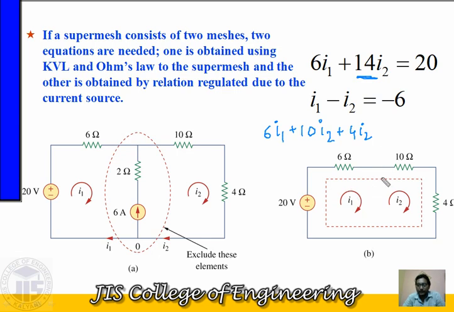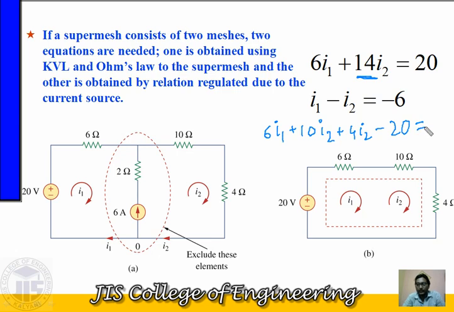And both these loop currents are going to the negative terminal of the source, or basically we are moving in this direction into the negative terminal of the source. That's why we can write minus 20 is equal to 0.